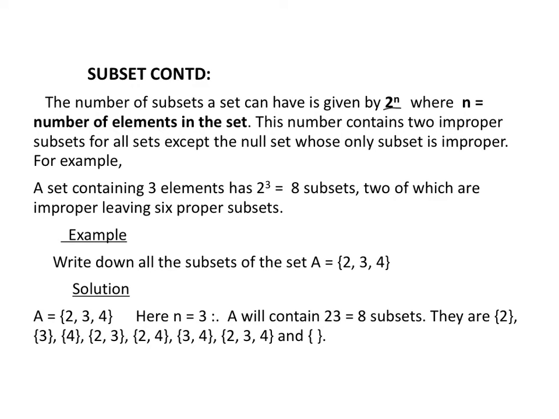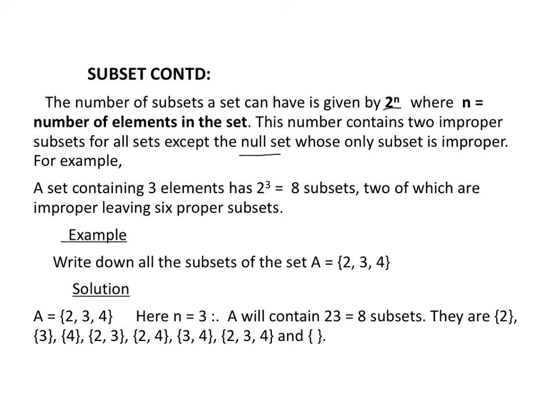This number contains 2 improper subsets for all sets except the null set, whose only subset is improper. That is, the null set's only subset is improper because it will be equal to it.